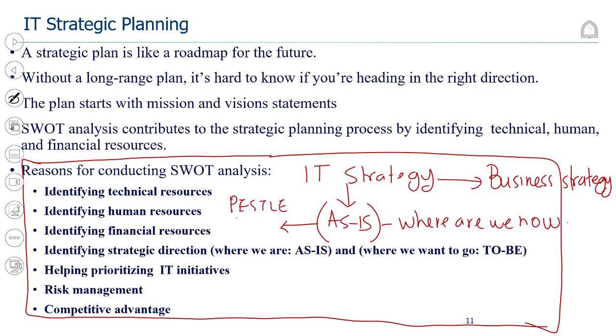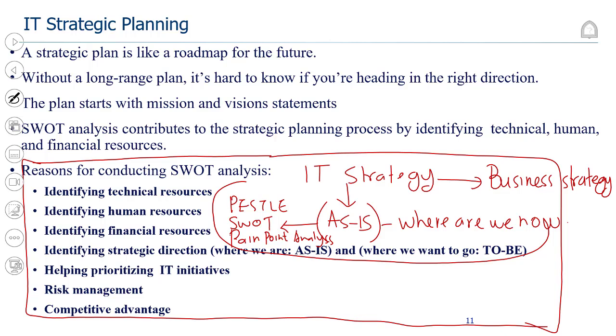We can use SWOT analysis. We can use PAINT analysis, and you can use many other frameworks. We can even use ITIM, because if you're looking at our maturity, all the maturity models that we've talked about will help us know where we are as a business as-is. Very, very important for us to know where we are.